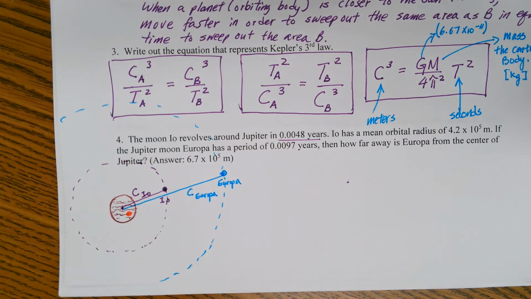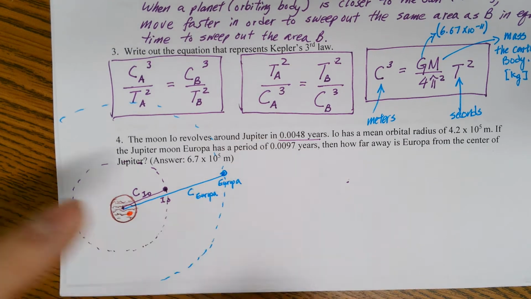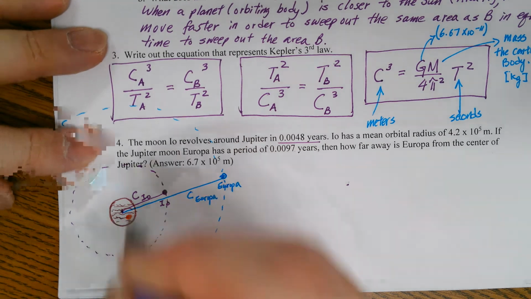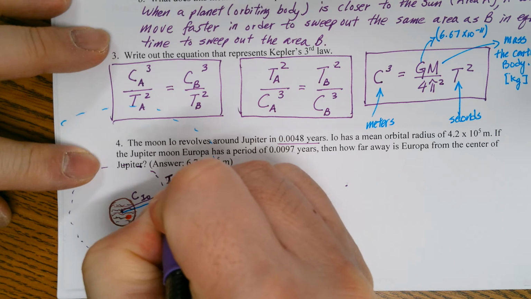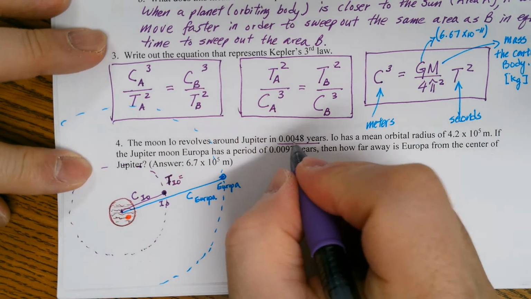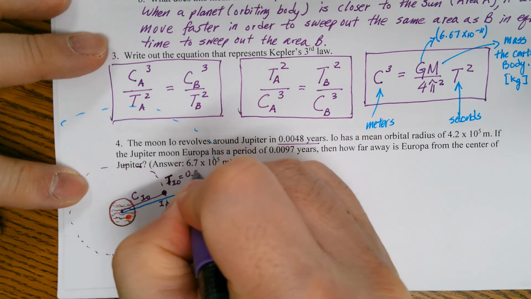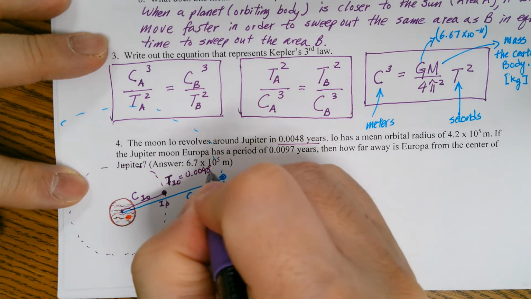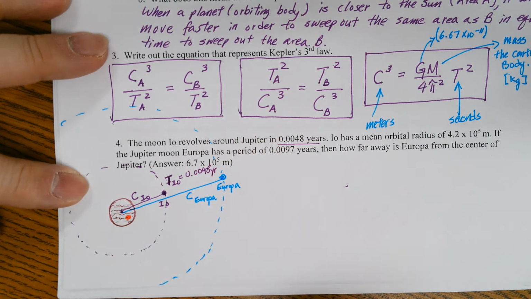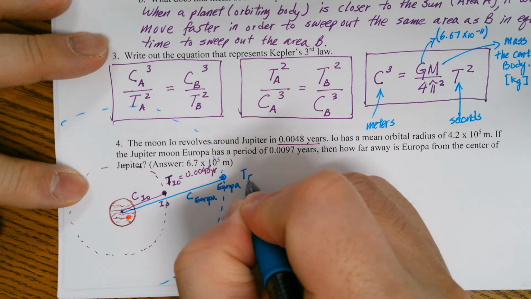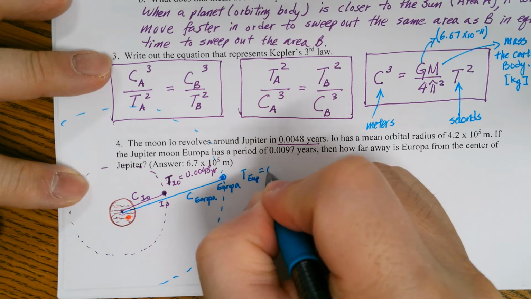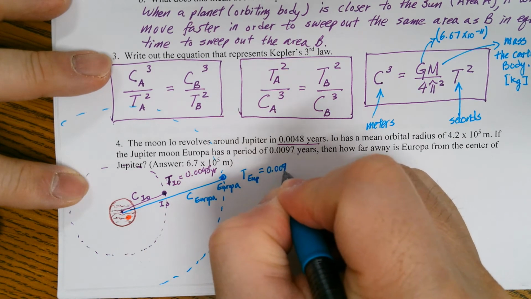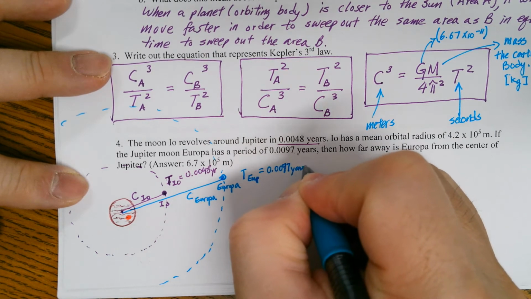So how can we calculate how far away this is when we know that the period of Io is equal to this many years, and the period of Europa is equal to 0.0097 Earth years?